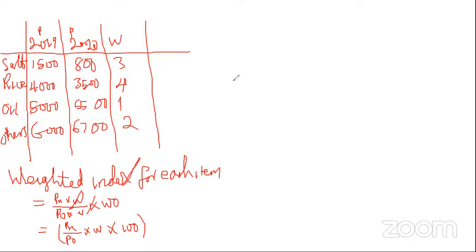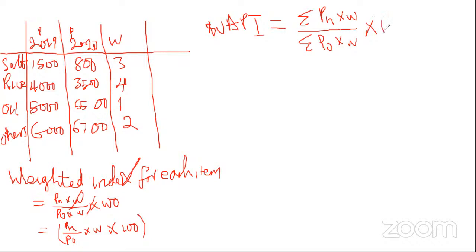I think that one you can ably do. And then when they ask us for our weighted aggregate price index, here we sum up prices in the current year times W over summation of prices in the base year times W, and then times 100.